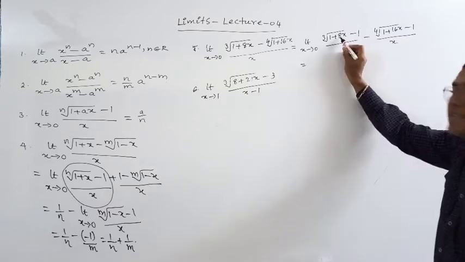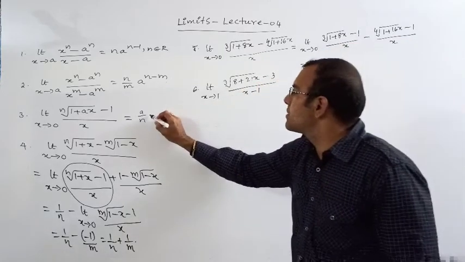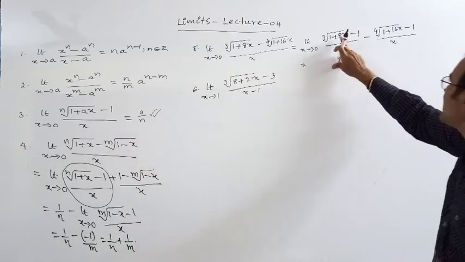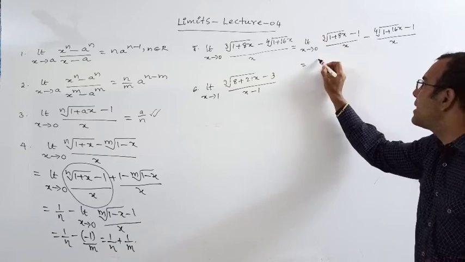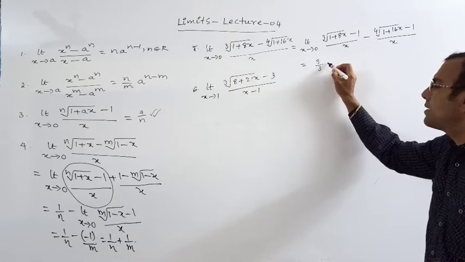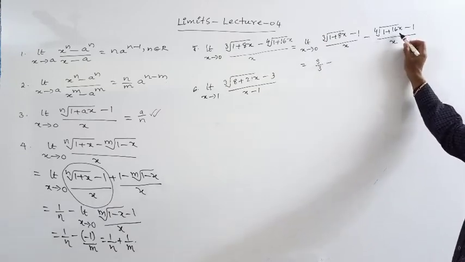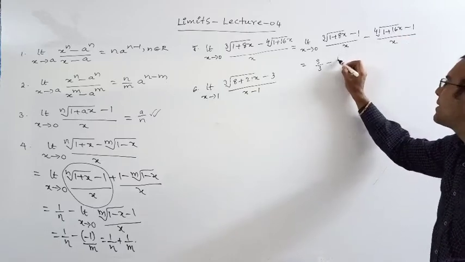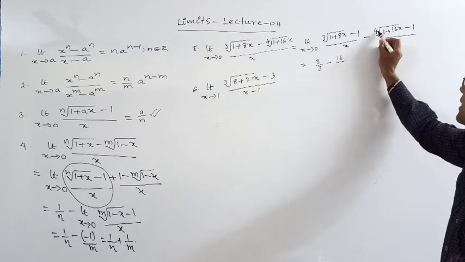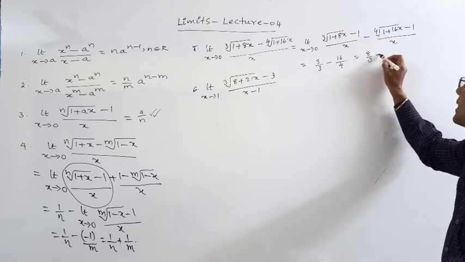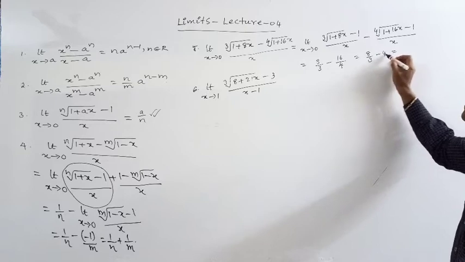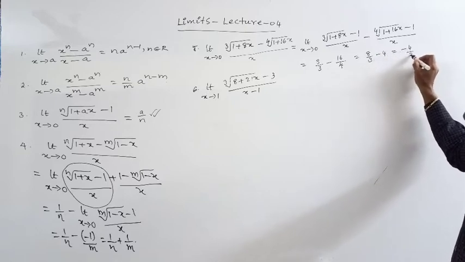So its value you compare with this. Here a value is 8 and n value is 3, so 8 by 3, minus. Here a value is 16 and n value is 4, so minus 4.